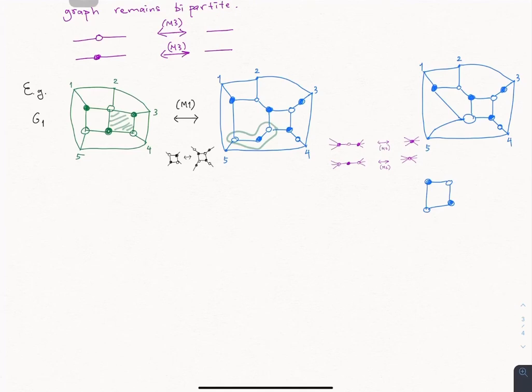So this edge here would be, let's say if I say this is 2, this is 1 and 2, this would be the edge that I have marked. And this black vertex would be connected to this white vertex. And this white vertex would be connected to a black vertex.